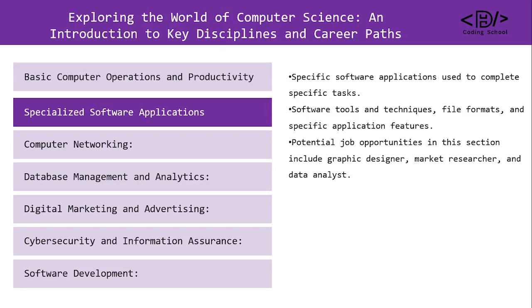So let's look at specialized software applications. In this case, you take it one more step further, and you learn at least a specific software application used to do different specific tasks. Okay, so you have seen people learning, for instance, Adobe Suite.